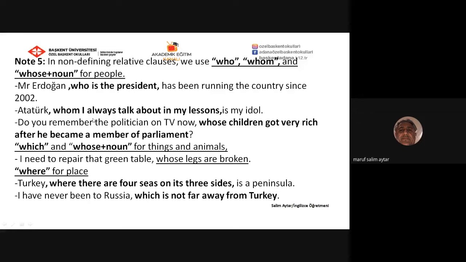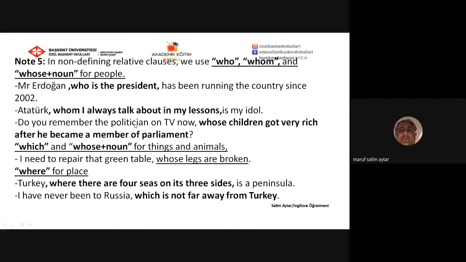Atatürk, whom I always talk about in my lessons, is my idol. See, it is a noun, it is a name, whom is in the direct object position, and I can easily use it like this. Okay.